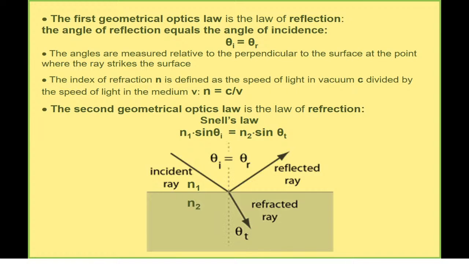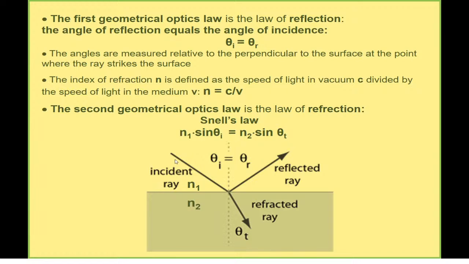That light, optical electromagnetic radiation, falling on a smooth, flat surface, changes its direction of propagation. It is just the meaning, the physics of the first geometrical optics law.